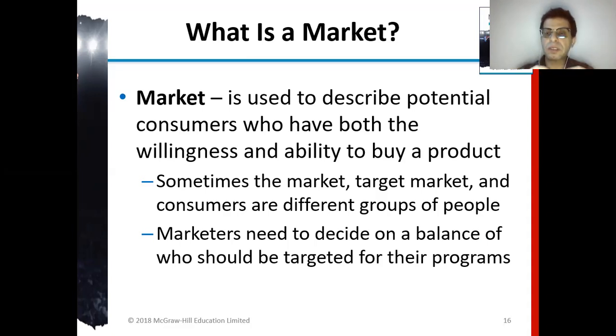But you are marketing to the person who is buying these toys, which is the parents, because the ability to buy is with the parents. And if the parents know it can make their kids happy, you create the willingness and the ability within the parents to buy the product for their children.